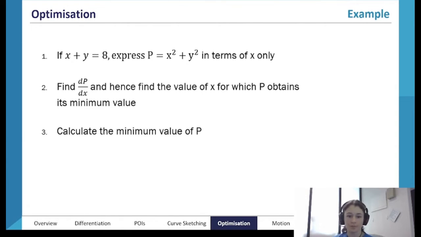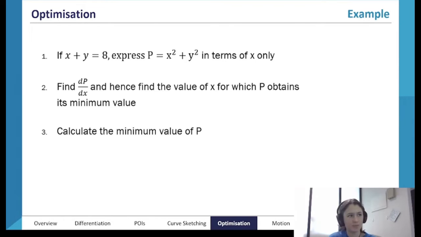So here we have a very basic optimization question. It's not worded, it's purely in maths, but it's still a little bit more difficult because we need to create our equation ourselves.